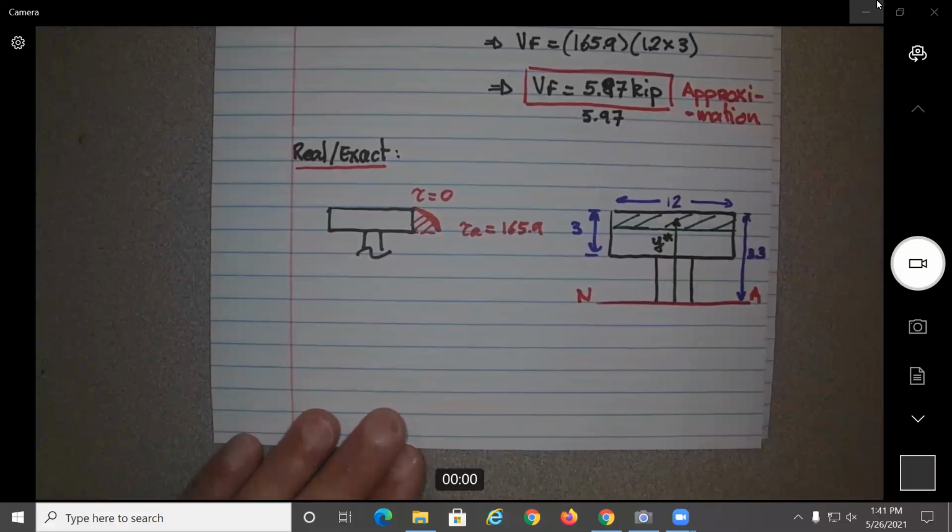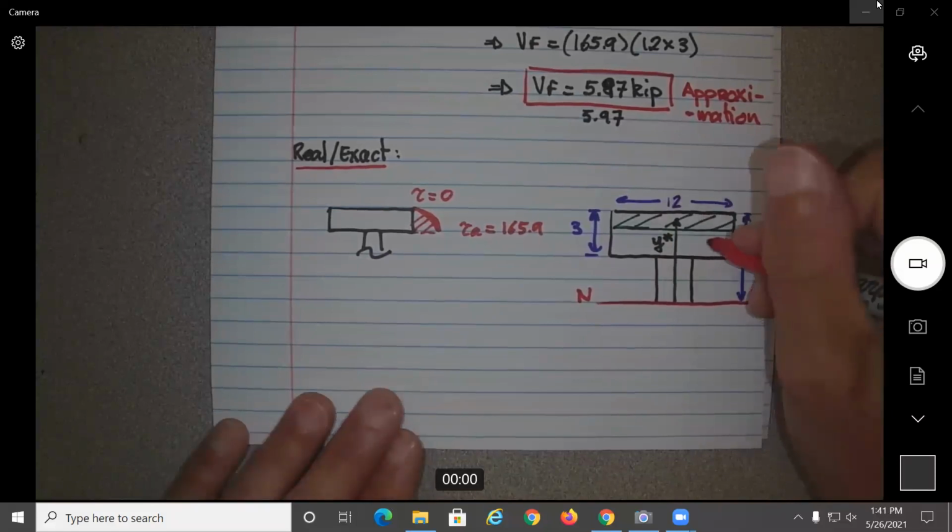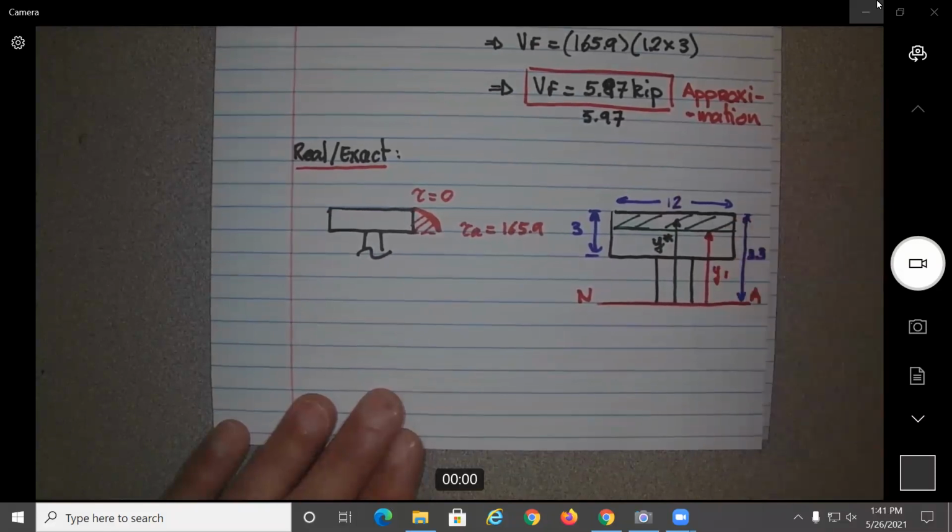And just for clarity, I know now it becomes more confusing, but it's going to help. Let's call that distance here to the bottom of the area Y sub 1.